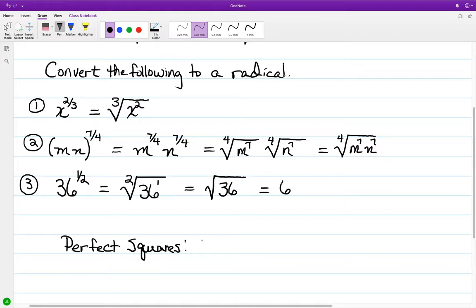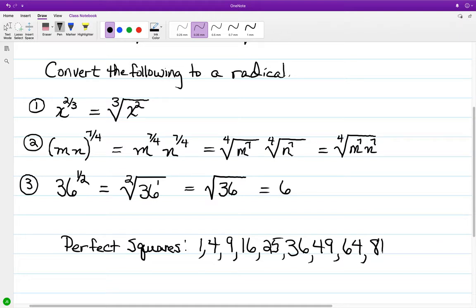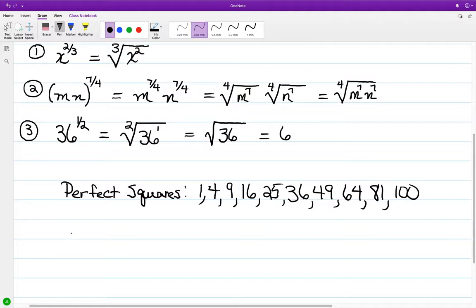Among the first natural number perfect squares, we have 1 times 1 is 1, 2 times 2 is 4, 3 squared is 9, 4 squared is 16, 5 squared is 25, and we'll just take the first 10 natural number perfect squares: 7 times 7 is 49, 8 times 8 is 64, 9 times 9 is 81, and 10 times 10 is 100.